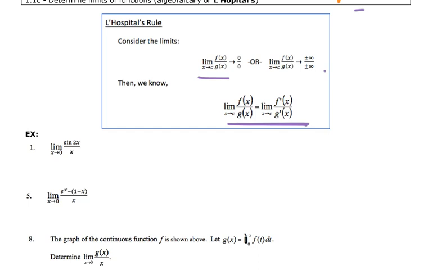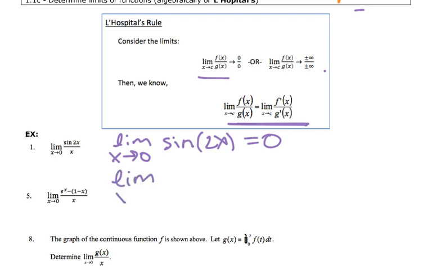So here, I would need to state that the limit as x goes to 0 of sine of 2x equals 0. If I direct substitute in 0, I get sine of 0, which is 0. Then you would need, and this is only for free response, showing all this work, to show that the limit of x as x approaches 0 is 0. Since you've shown that both of those are 0, you can now use L'Hopital's rule.